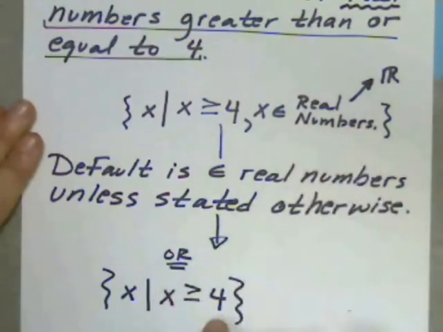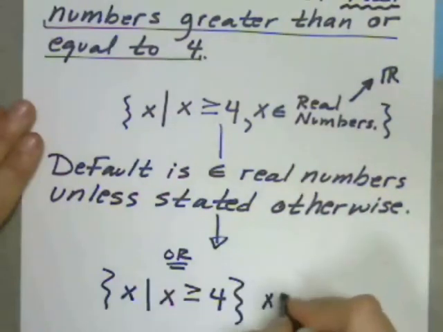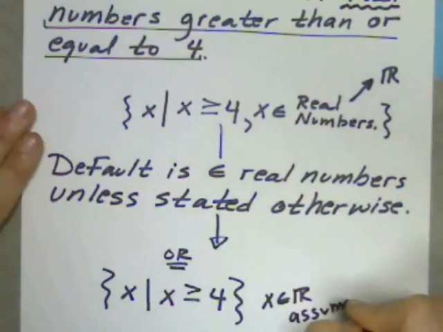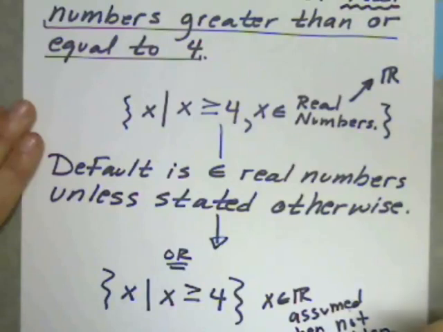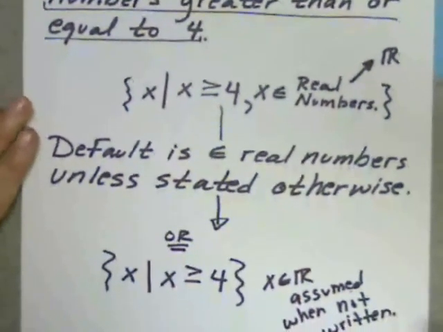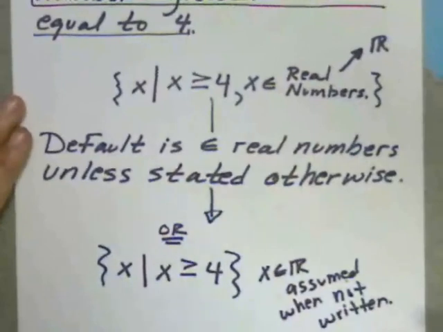And that's assumed. If you don't write it, X element of the real numbers is assumed when not written. Does it make a difference that I'm being careful with where X comes from? Sure. It makes a huge difference.